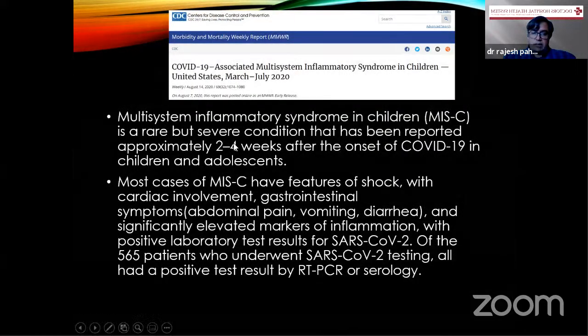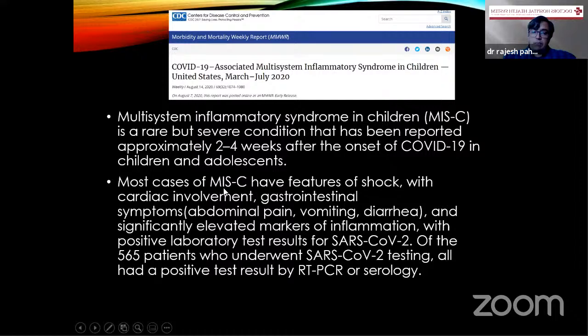There is the phenomenon of multisystem inflammatory syndrome in children, described in severe conditions. Though it's very rare, it is described 2 to 4 weeks after severe COVID-19 infection.